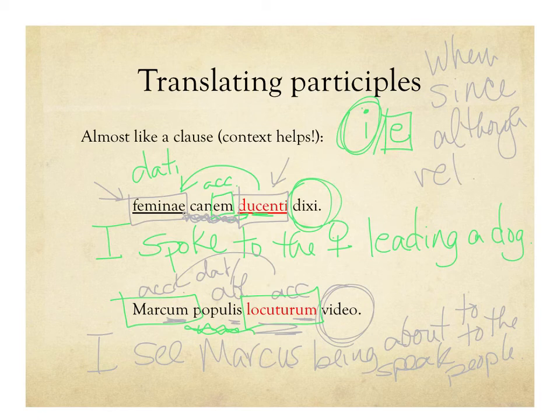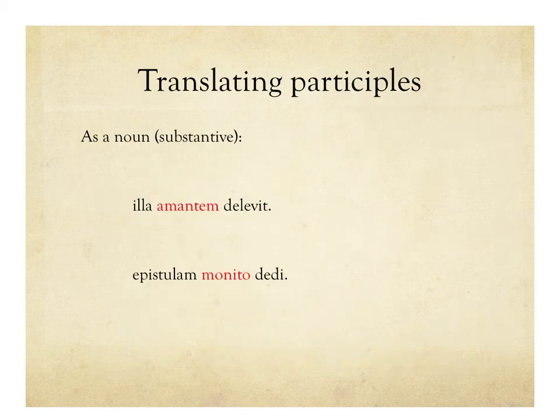And that can work too. Finally, we do have instances, as I said before, where we can just translate the participles as a noun in the same way that we do with adjectives. And these are always the trickiest. These are tricky for everyone, I think.